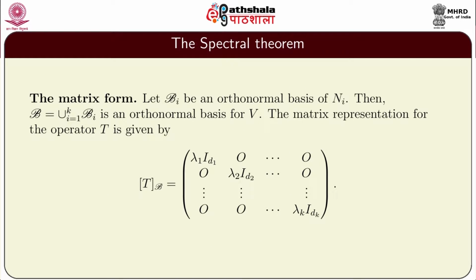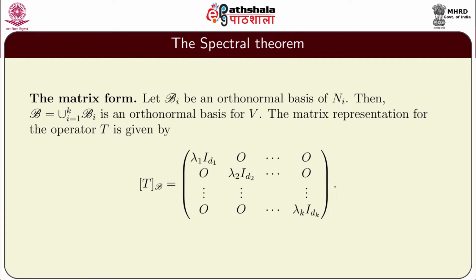And in matrix form, if Bi is an orthonormal basis for the eigenspace Ni, then the union of these Bi's, denoted by B, is an orthonormal basis for V, and the matrix representation for the operator T is given in this block form, where you can see lambda 1 ID1, lambda 2 ID2 and so on up to lambda k IDk, where ID1, ID2 and so on up to IDk stand for the identity matrices of sizes D1, D2 and so on up to Dk.